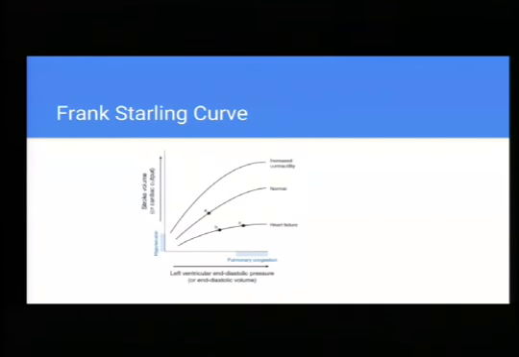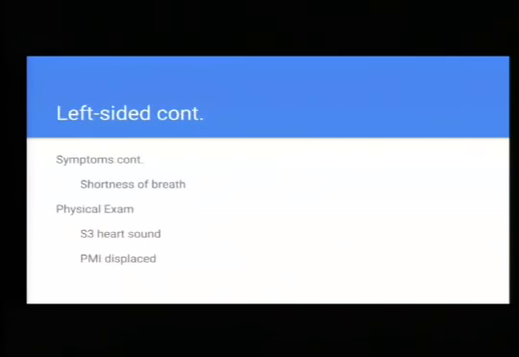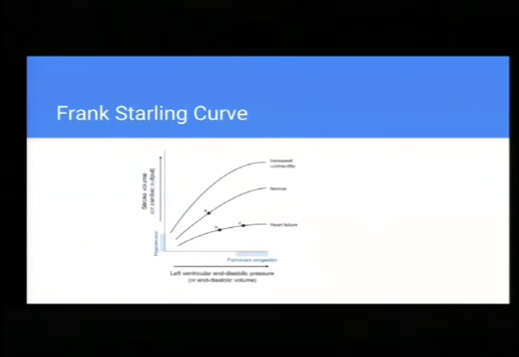In CHF, they can't contract. They get pulmonary congestion because they keep increasing their end diastolic pressure, but as they do that, they're not pumping out, so their stroke volume cannot increase the same way that a normal heart can. So the whole goal is to try and push your heart failure patient back this direction by decreasing their left ventricular end diastolic pressure so that they can have more stroke volume.